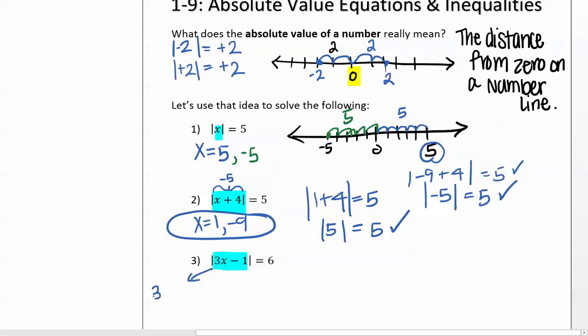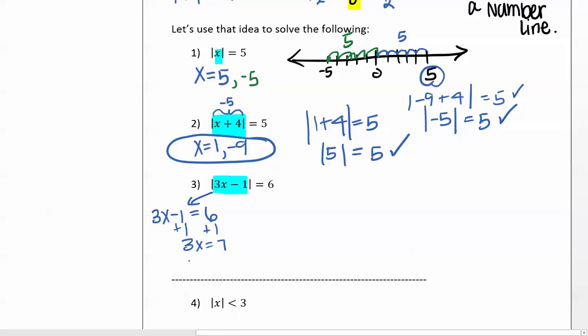For the first one, 3x minus 1 is equal to 6. We can solve this to figure out what value of x would make this 6. So add 1, you get 3x is equal to 7. Divide both sides by 3. It's not a pretty number, but it's fine. x equals 7/3. And we can check that.